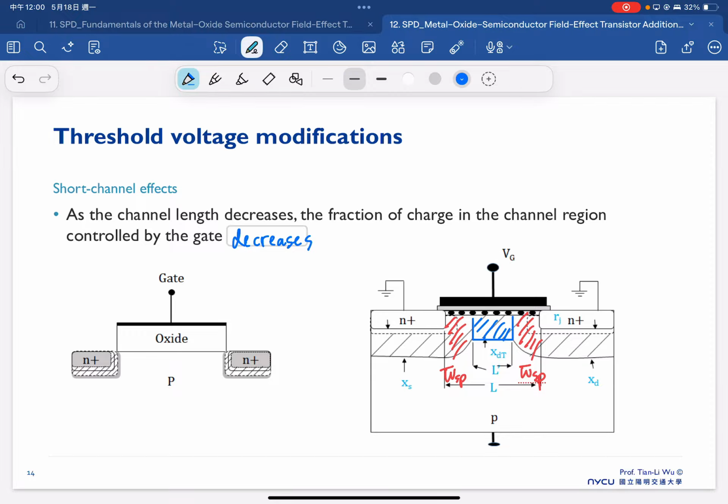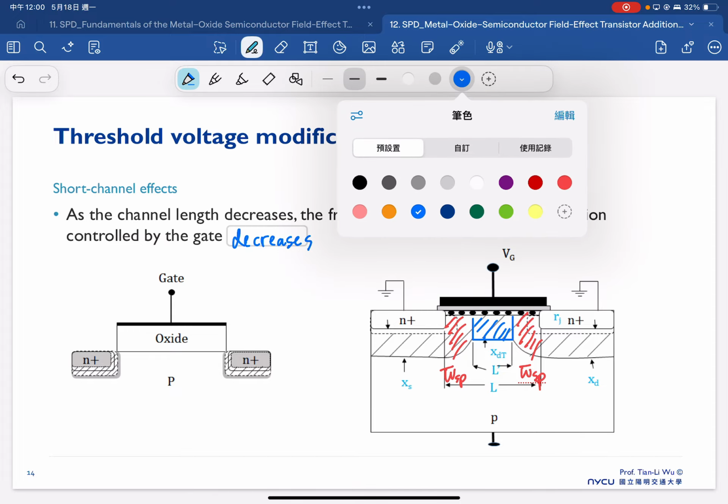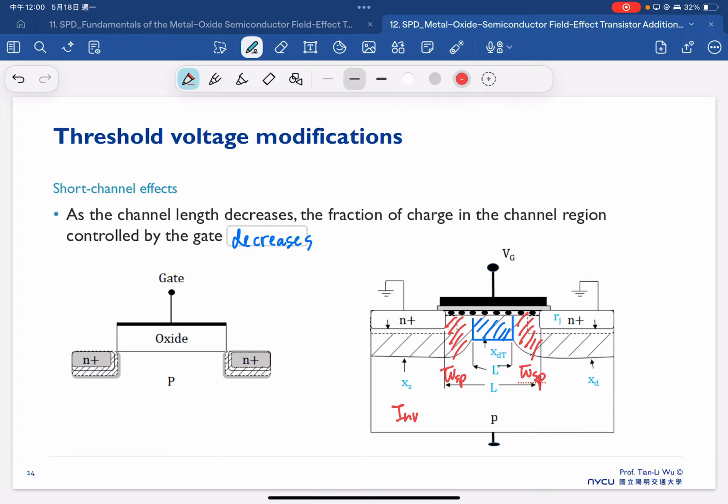Which means that the inversion channel now cannot be fully controlled by the gate. And that's what we call the short channel effect.